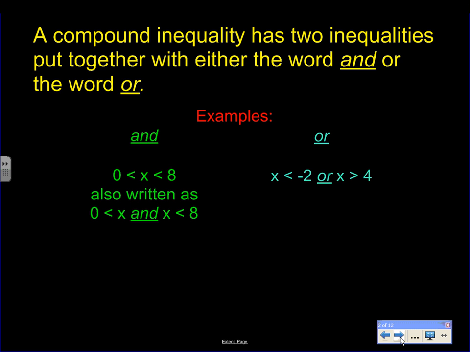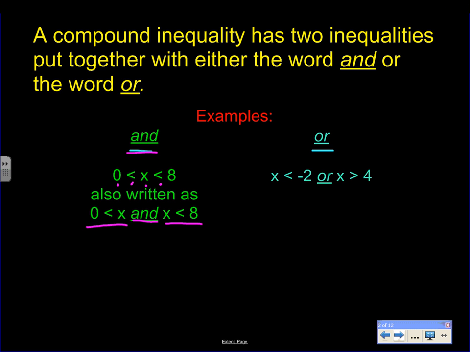On the left side here in green, we have two types of compound inequalities. One of them has or, one of them has and in between them. So the one here in green, the and, says 0 is less than x, which is less than 8. That can also be written as 0 is less than x and x is less than 8.